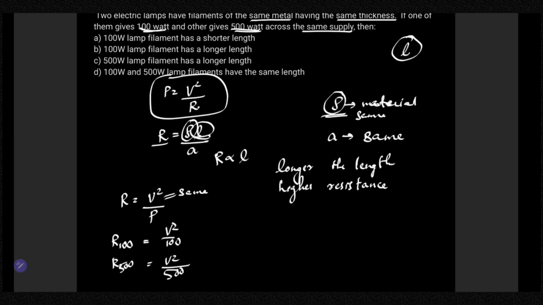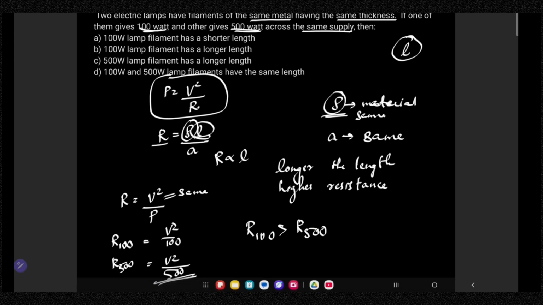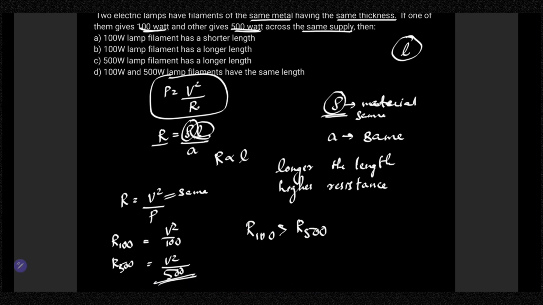If the higher value is in the denominator, then the answer will be less. From here we can conclude that R100 is greater than R500, because this one has the higher value in the denominator and so its result will be lower.